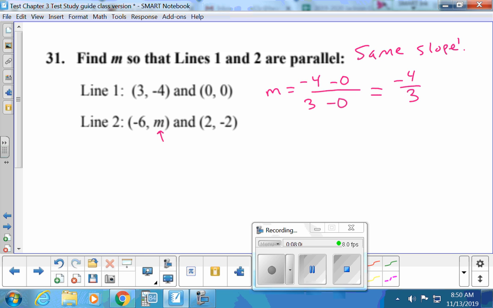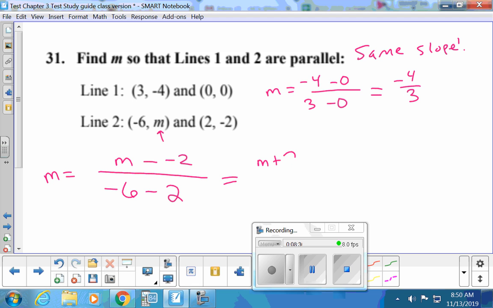I need the slope of line 2 to also be negative 4 over 3. So we're going to do y minus y over x minus x, and we're going to see what line 2 gives us.